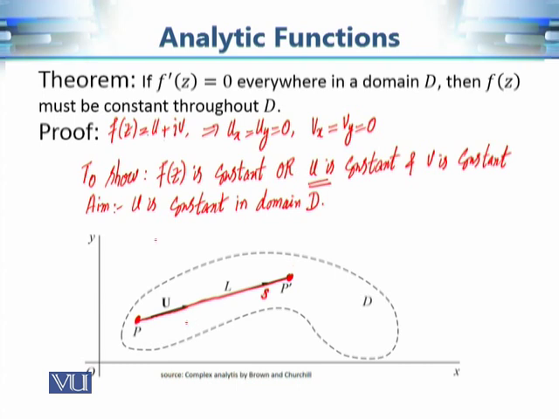If the derivative of the function when restricted to this line is 0, it means the value of the function u at point P and the value of the function at point P prime are the same, because the derivative is 0 on this line, so the functional value does not change on this line segment. That's why its value at P and P prime remains the same. So that's the idea.